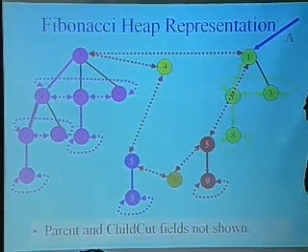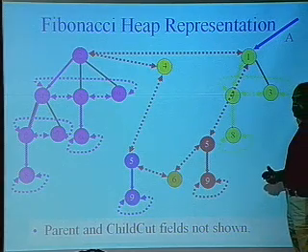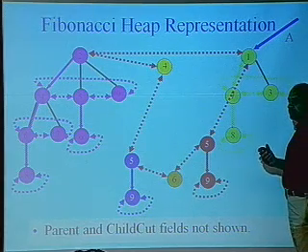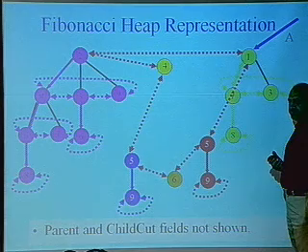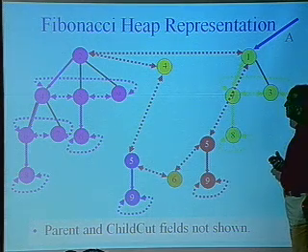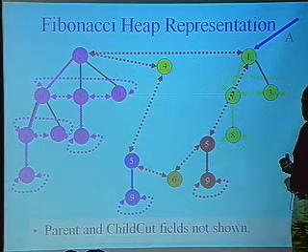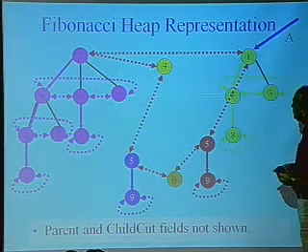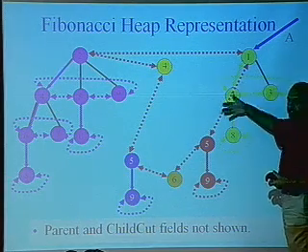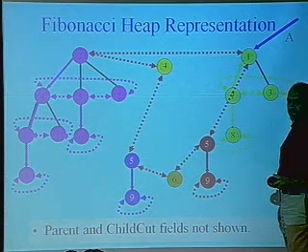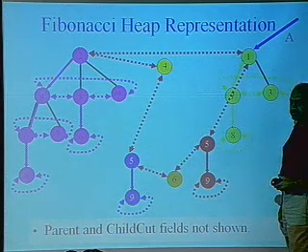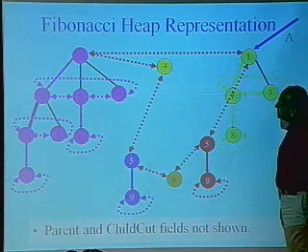Okay. All right. Suppose you want to perform some of the new operations, like an arbitrary remove. Okay. So people have pointers external to the structure in order to do things like arbitrary remove and decrease key. Okay.